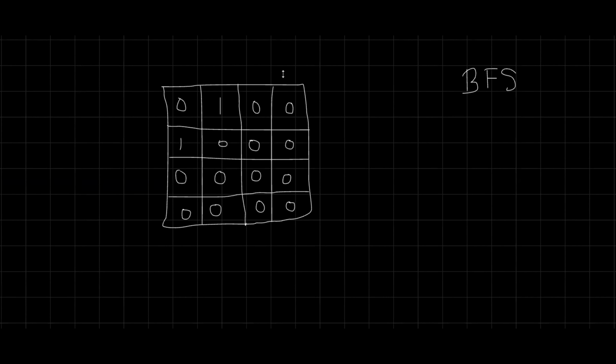Now here, to understand the algorithm, we have taken this example. It is a 4 by 4 grid, and this is the starting point, this is the ending point. So we have to reach the ending point from the starting point by using this path. So here the length is 4, we have to return 4.